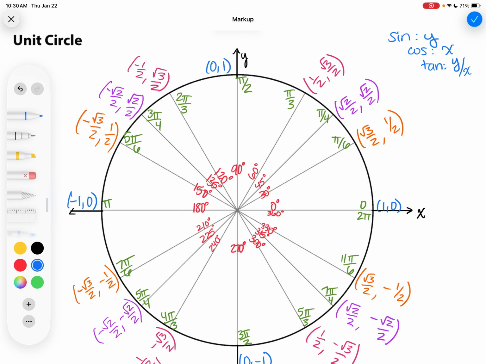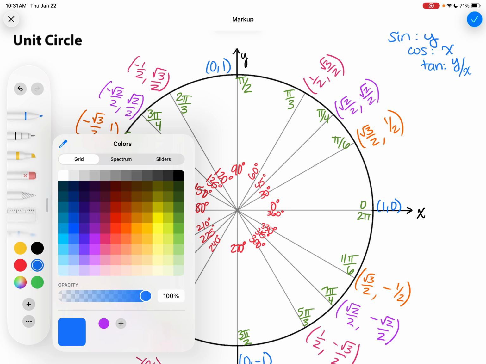Okay? So, once again, your pi over 4s are going to be your easiest ones. Because root 2 over 2 divided by root 2 over 2 would be what? 1. So I'm going to do all the tangents in one color. We're going to choose this one.